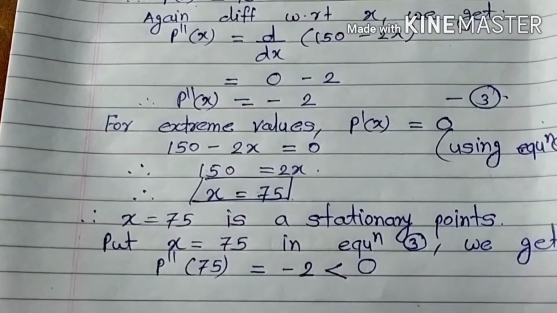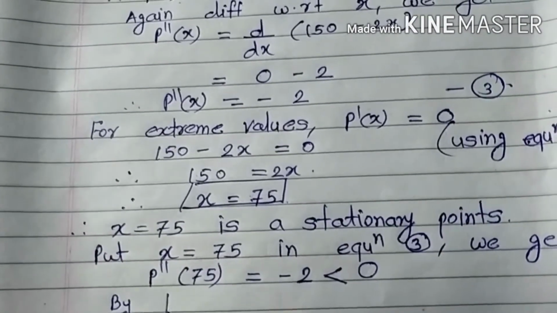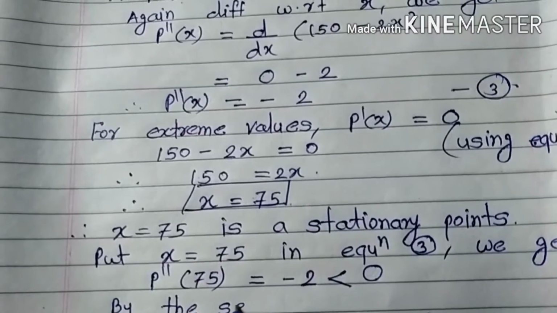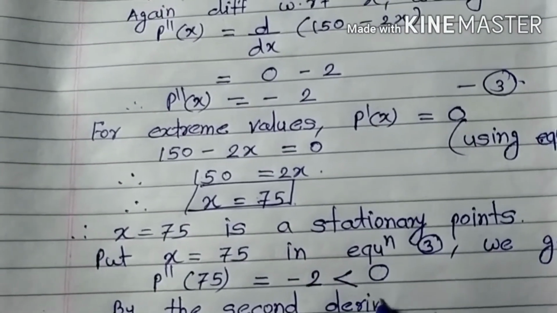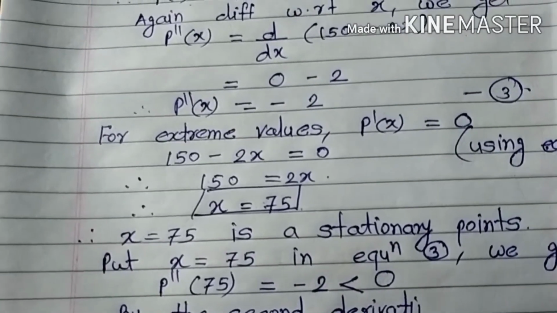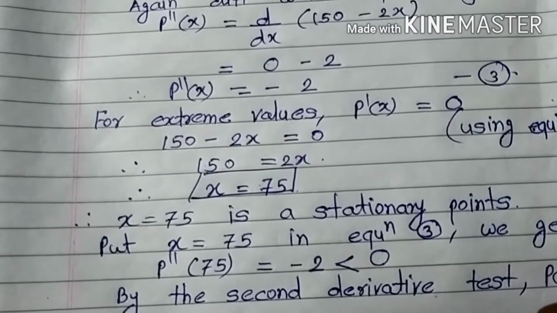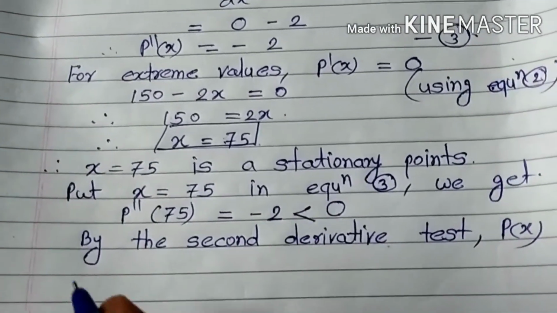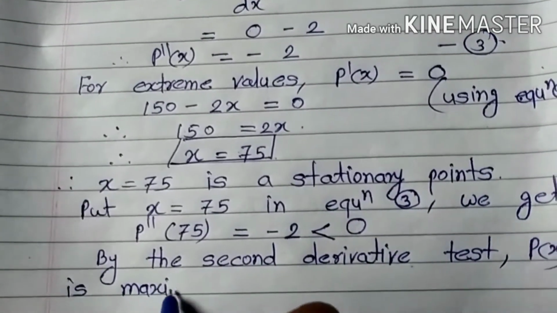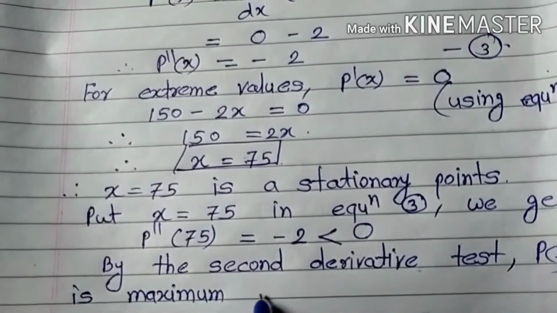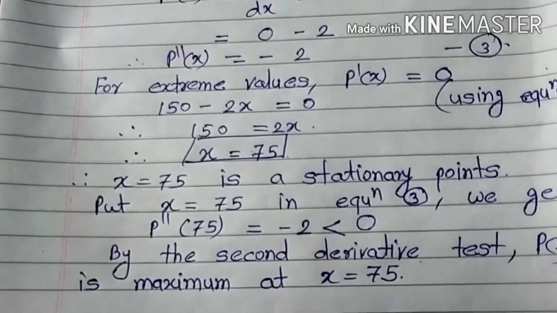Therefore, by the second derivative test, p of x is maximum at x equal to 75.